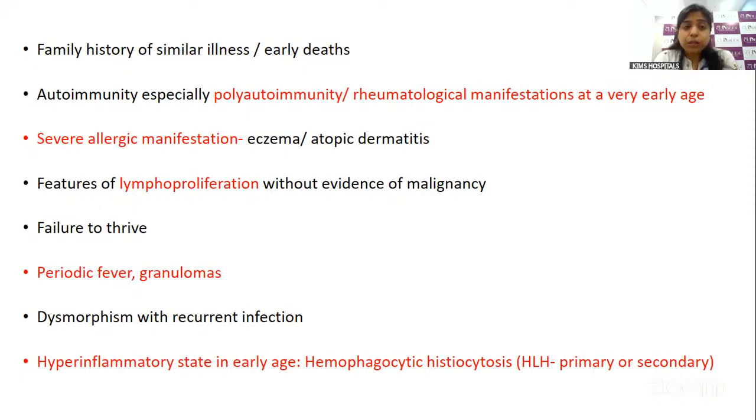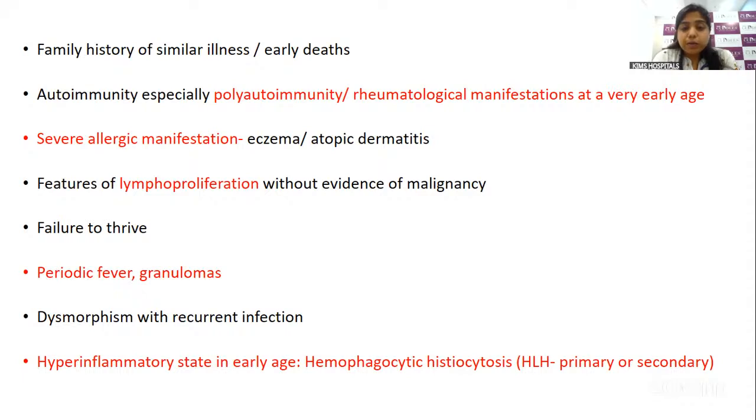Of course, now the new spectrum of autoinflammatory disorders has come, and if the patients are having recurrent fever, periodic fever, or unexplained fever, you think it can be some viral infection that keeps happening, but when you evaluate the child, you notice that there is some amount of periodicity, then you should think of inborn errors of immunity.